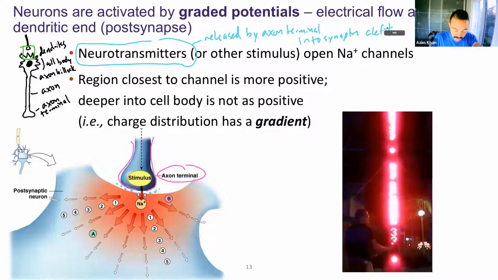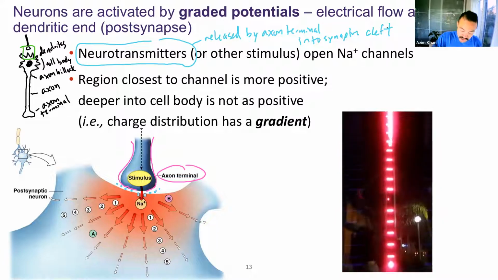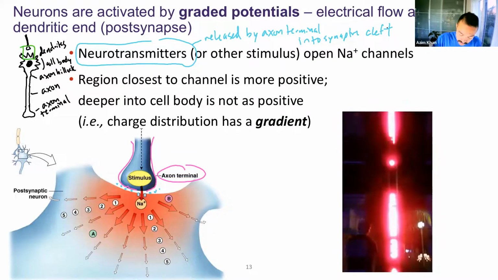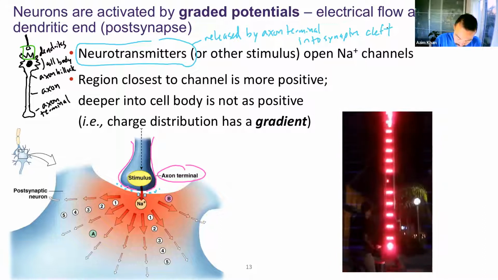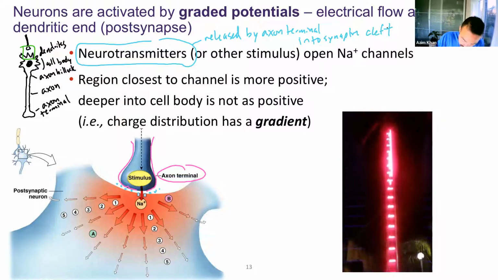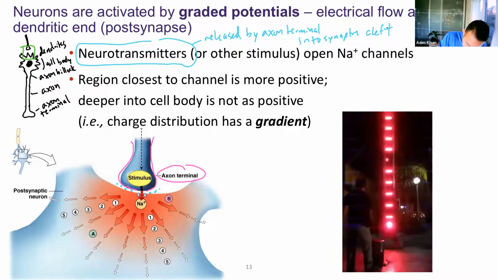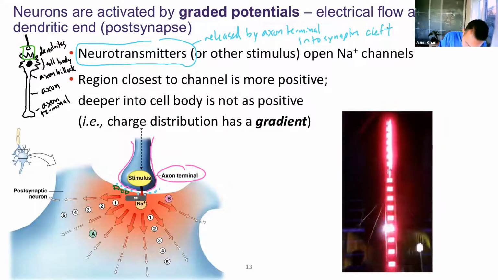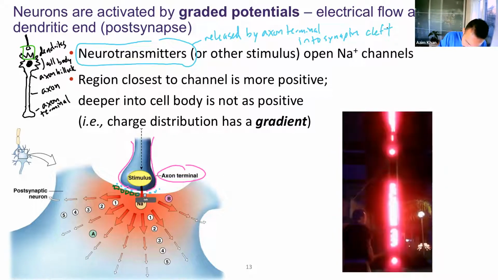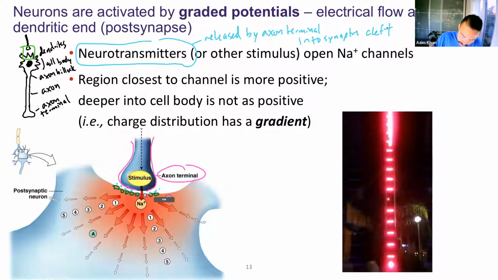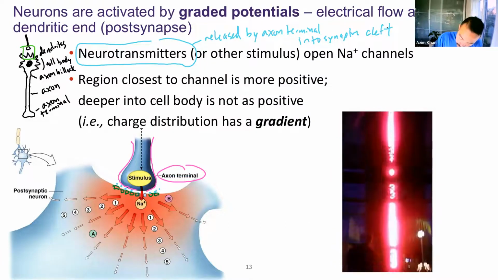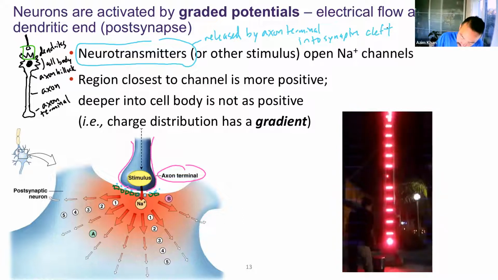When those neurotransmitters reach the dendrites, on their plasma membranes, dendrites have receptors.